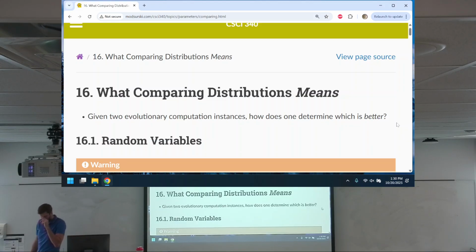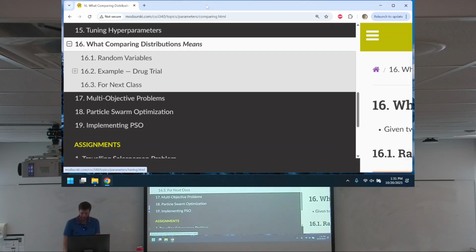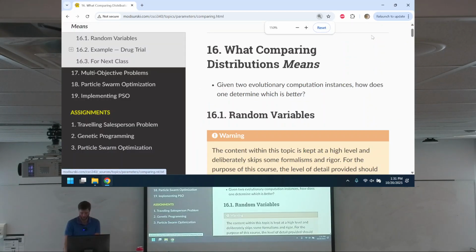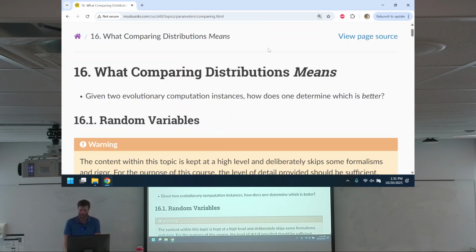Last time we were talking about tuning the hyperparameters, but how do we go about doing that? Once you've got your instance set, you've got your evolutionary algorithm, and all of the symbolic and numeric hyperparameters are set, you hit run and you get some result.